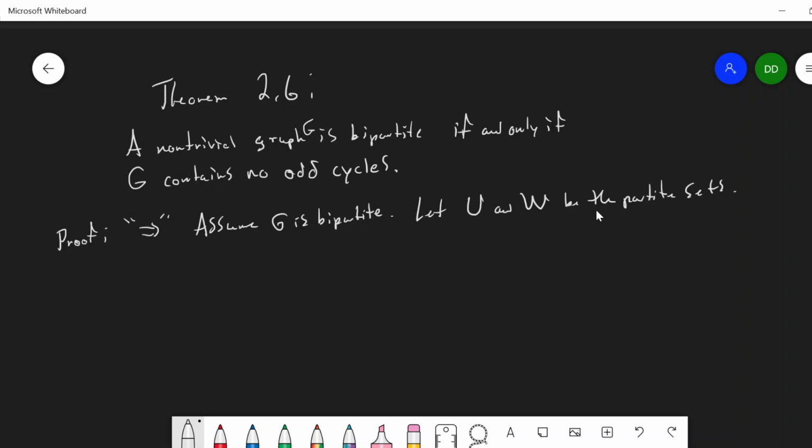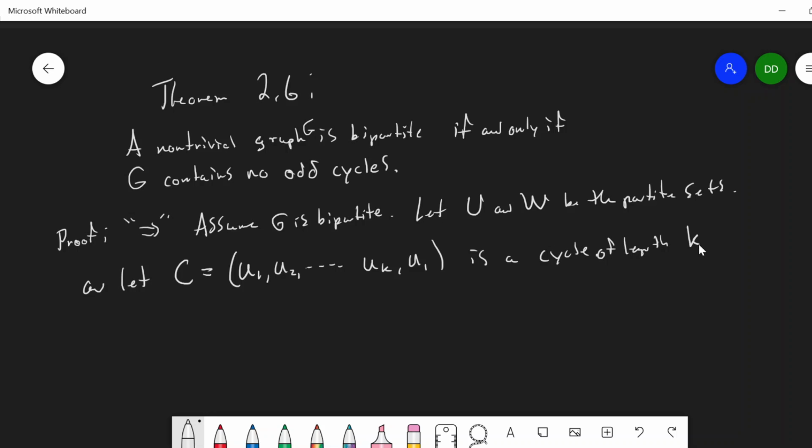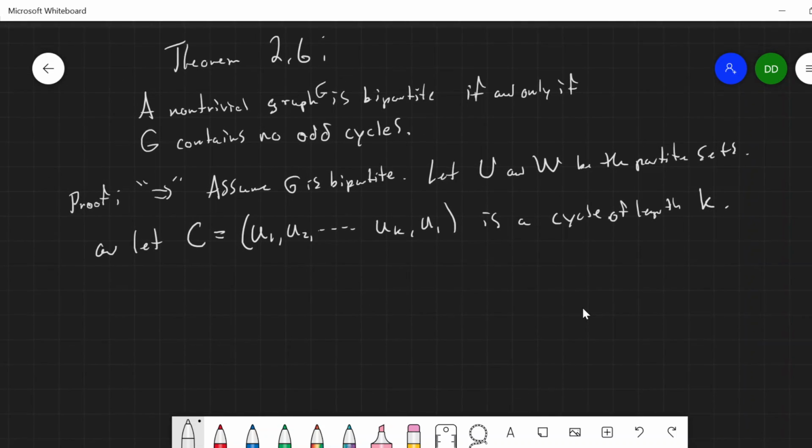And let C be an arbitrary cycle, say U1, U2, up through UK, back to U1 is a cycle. This is a cycle of length K. In particular, I want to show that K has to be even.